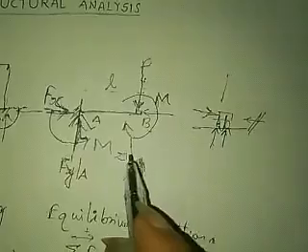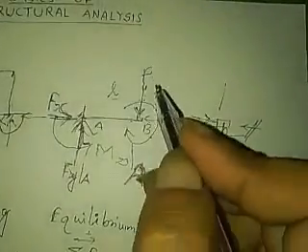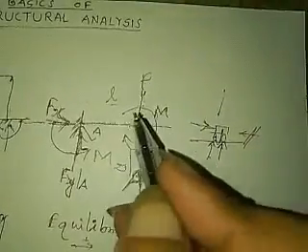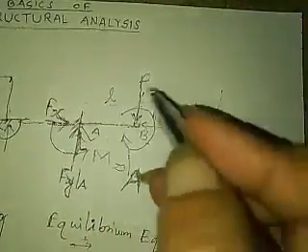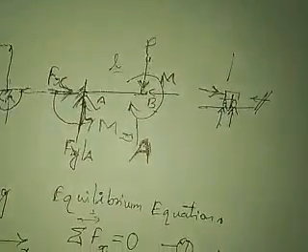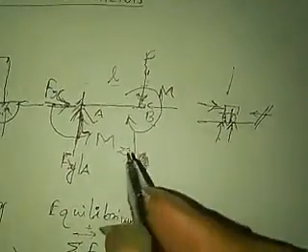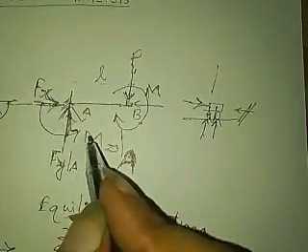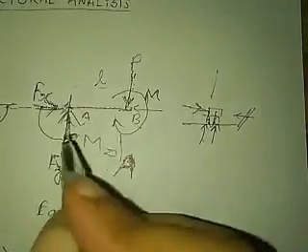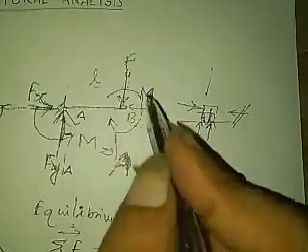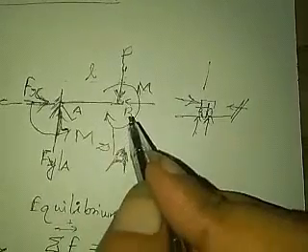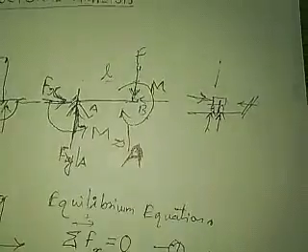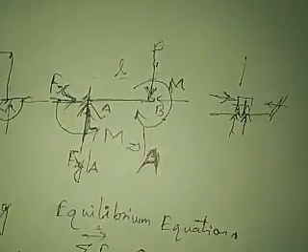Then we can say mz equals PL, taking the sign convention. This could be positive clockwise, this is negative, so we can say mz equals PL minus M. So that will be our reaction moment.